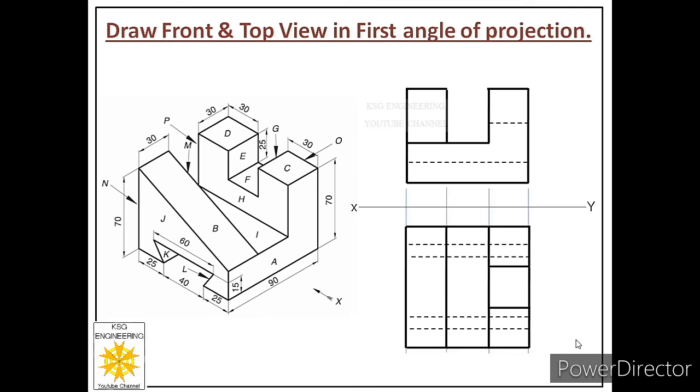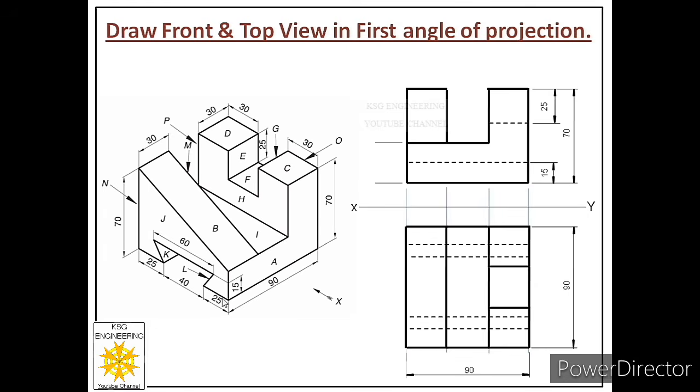Now it's time to place dimensions. So let us place its height dimension first, that is 70. After that we will place its length, that is 90. Then after that we will place its width, that is also 90. Then we will place the remaining dimensions. So let us place this 25 mm over here, that is the height of this face E. Then we will plot this dimension of 15 millimeters.